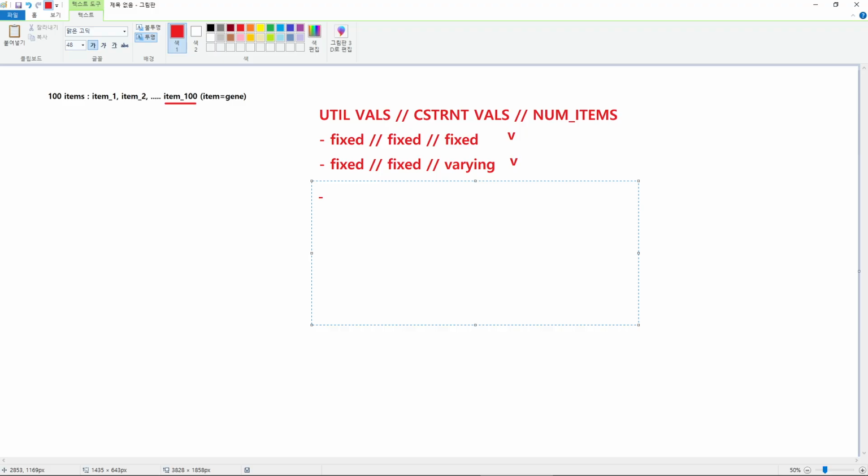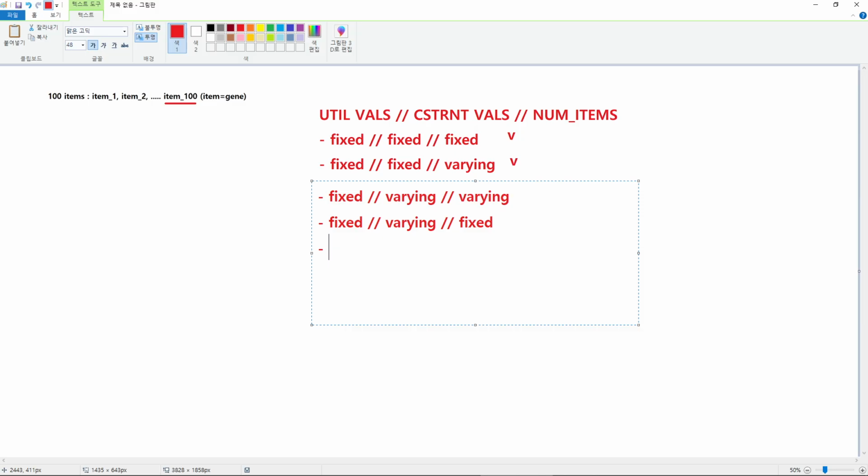The rest is fixed, and then there are 8, obviously, because there are 3 categories that we could toggle between fixed and varying. So, for example, the next one could be fixed, varying, and then fixed, varying, and fixed. So that's 4 of them.